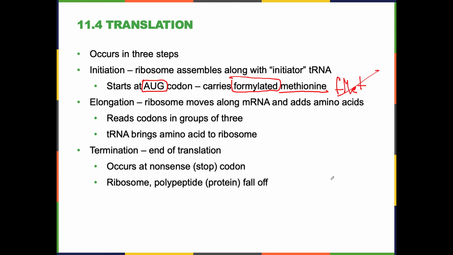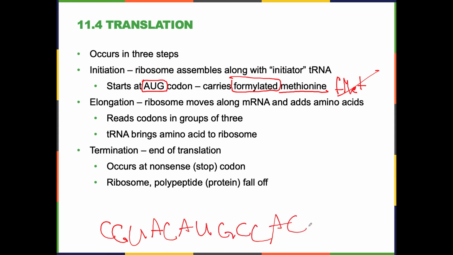But basically, the very first codon that's going to start translation is AUG, our start codon. Elongation then happens as we read in groups of 3. So let's build our hypothetical RNA molecule, right? We are going to initiate by finding our first.